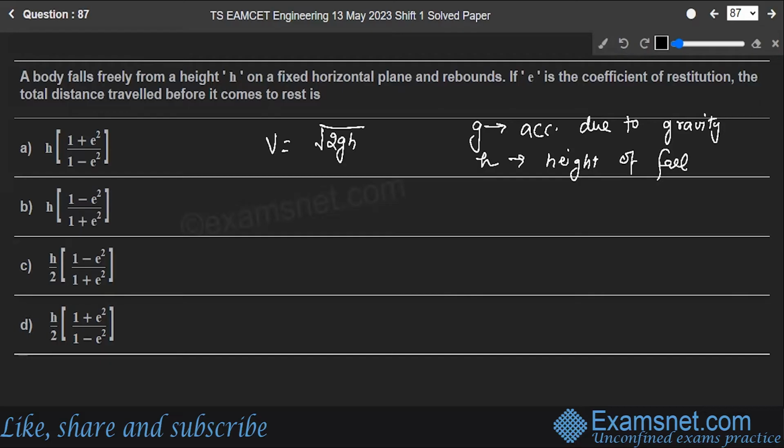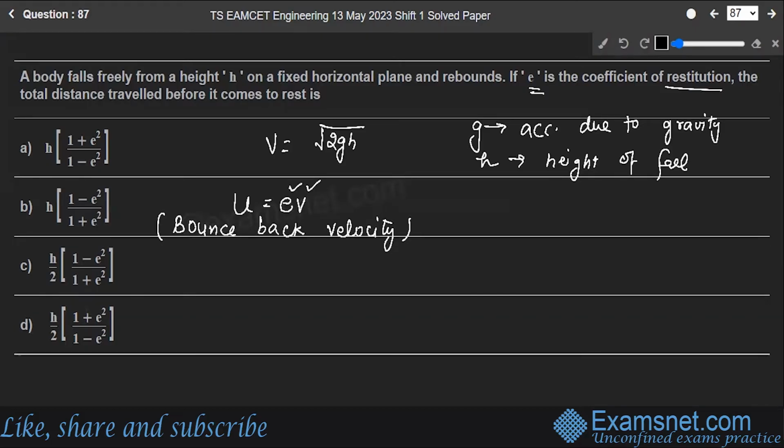Now, after striking the floor, it will bounce back with the velocity u is equal to ev. If e is the constant coefficient of restitution, then the bounce back velocity is e times the initial velocity.